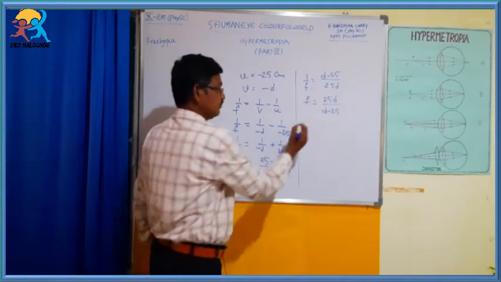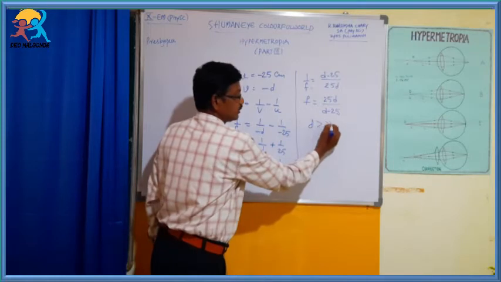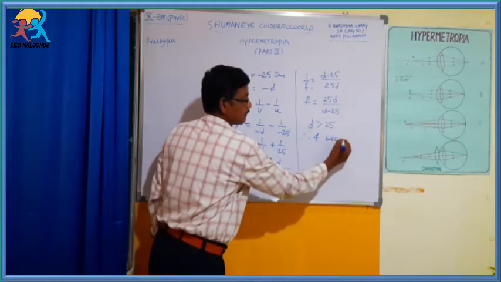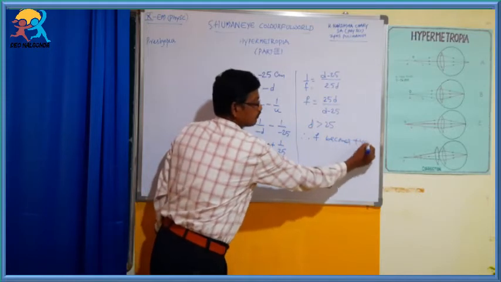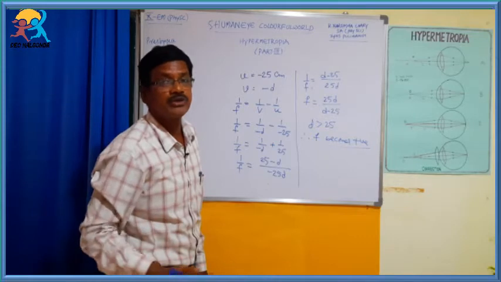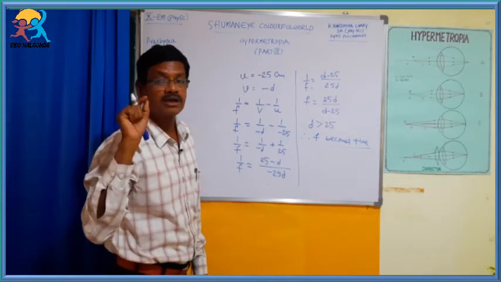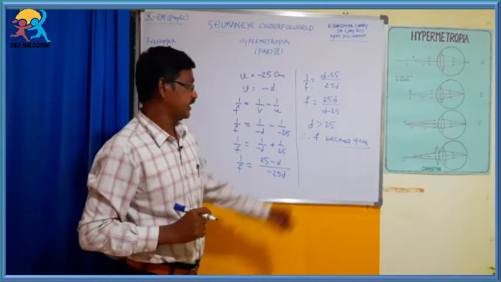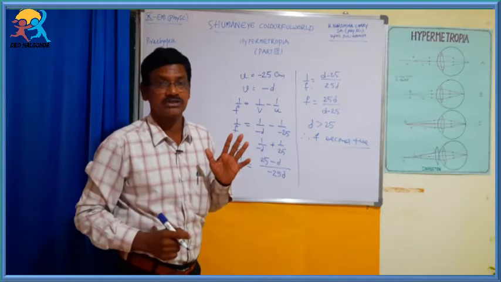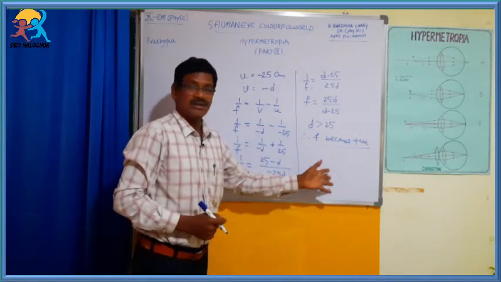That is why we say that d is greater than 25. With that, f becomes positive. So f becoming positive means the lens we are using in correcting the defect is a convex lens. f positive refers to a convex lens.